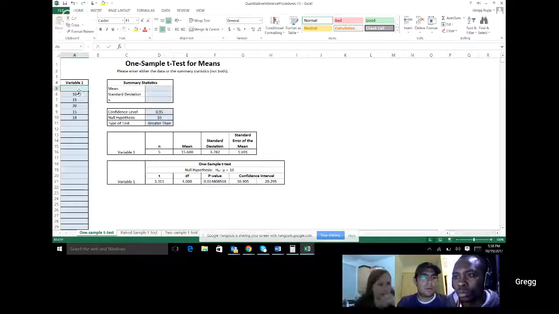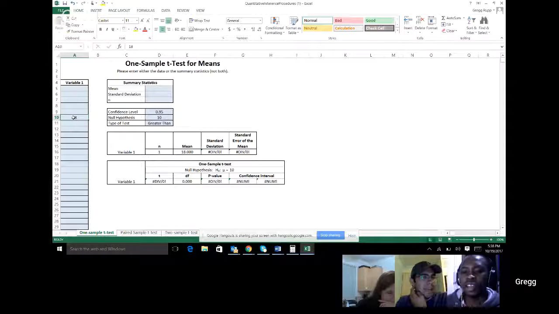So we're getting rid of everything under variable, right? Yes. Wait. But the data in the file are 149 numbers.